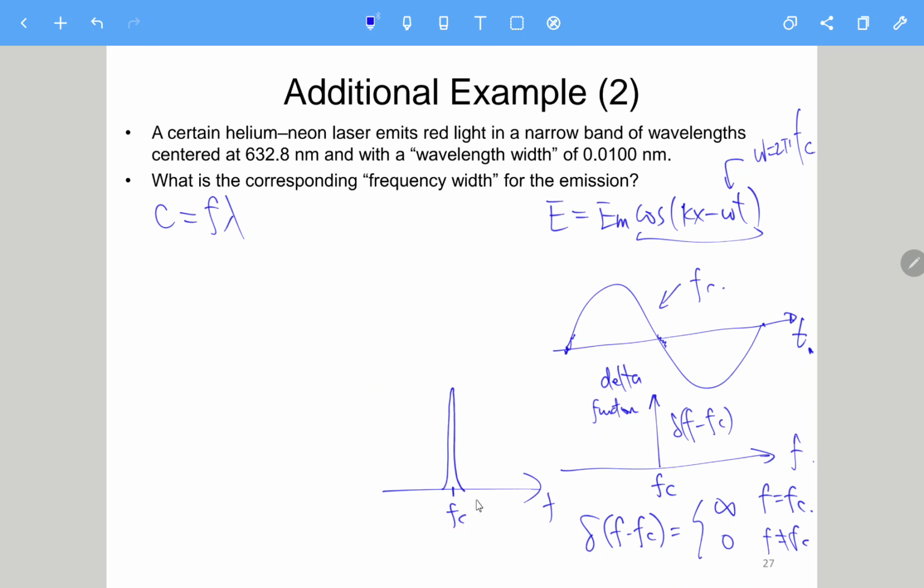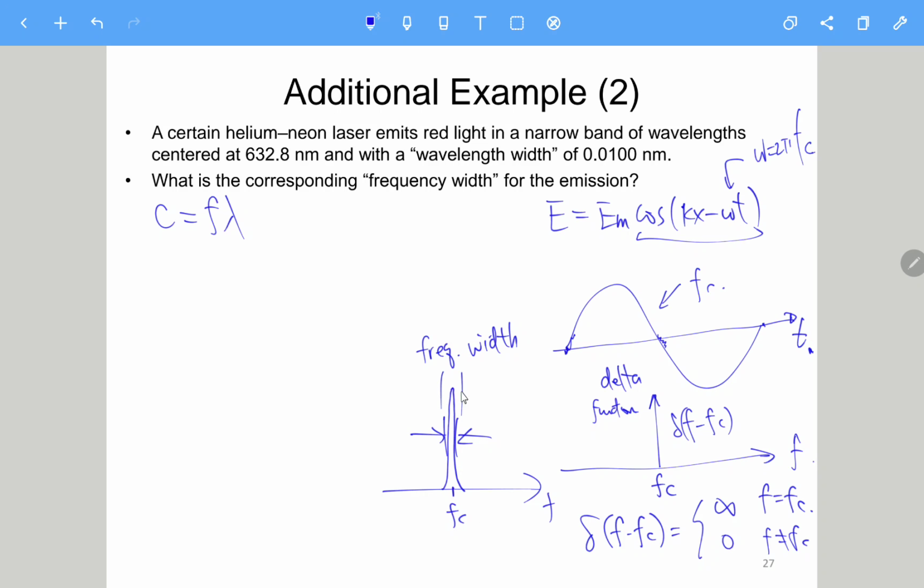In this way we can define the frequency deviation, or the frequency width. So this is the so-called frequency width.